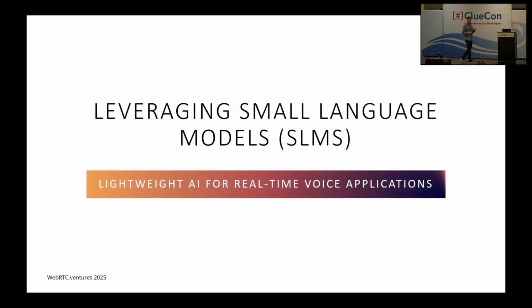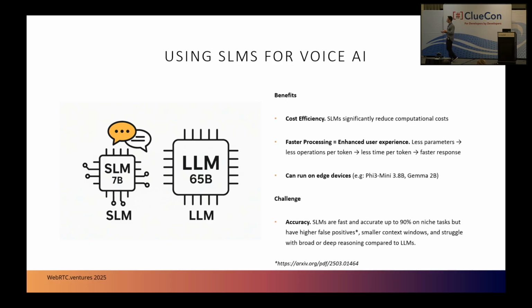And the other important topic I wanted to cover is small language models, and probably you have heard about it. It's basically large language models that have fewer parameters. And I think it's a perfect fit for real-time voice AI.